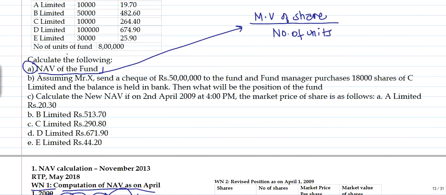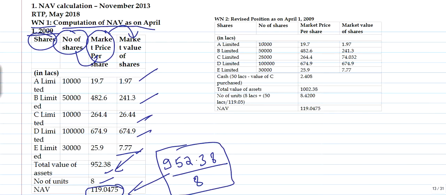Next, assuming Mr. X sends a cheque of rupees 50 lakh to the fund and the fund manager purchases 18,000 shares of C Limited. So these 18,000 shares of purchase will be added to 10,000, making 28,000.